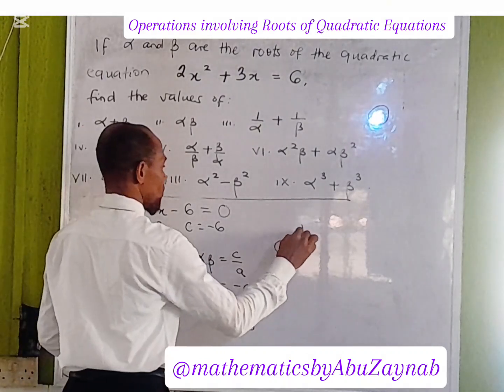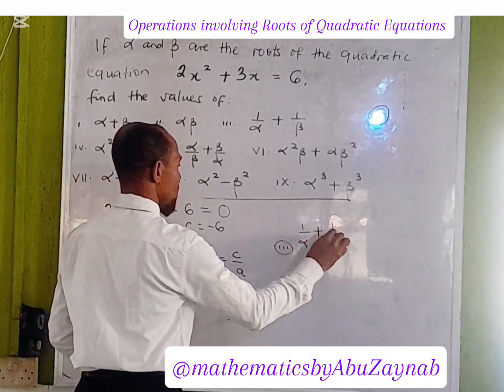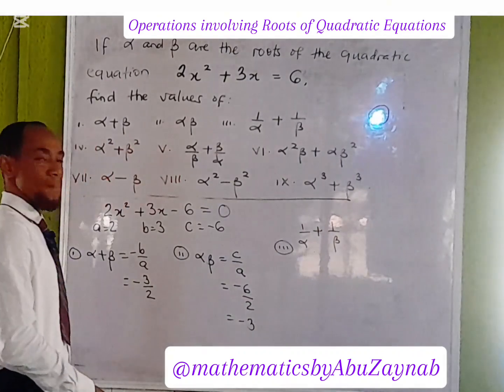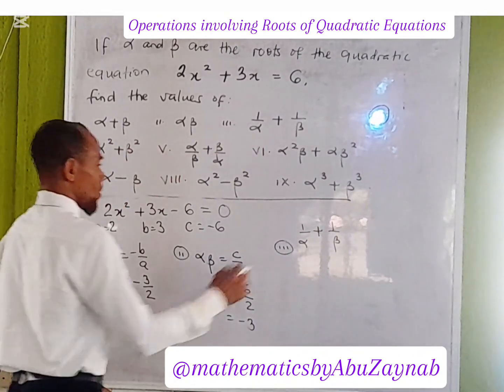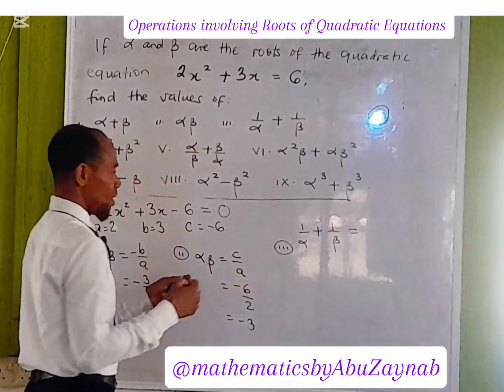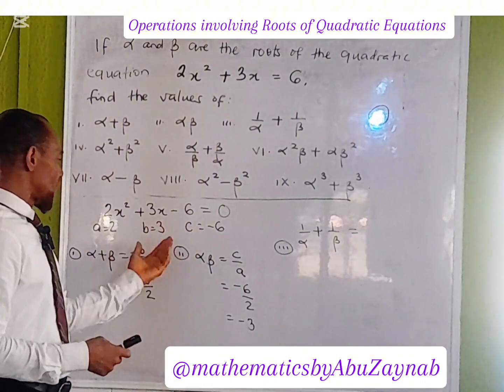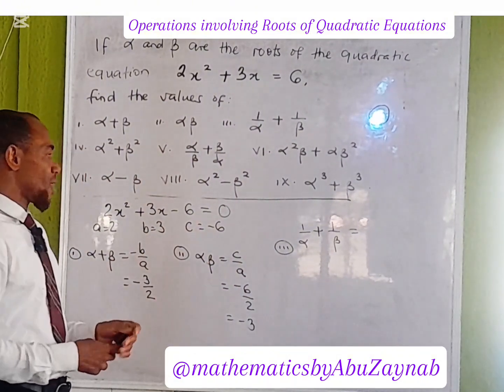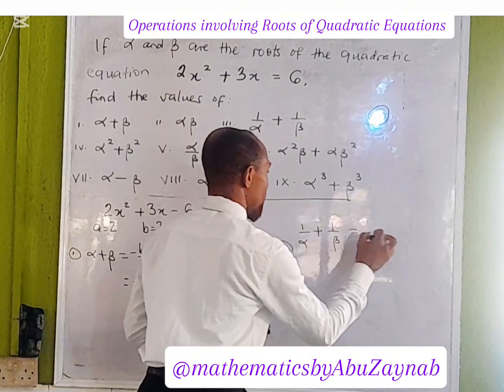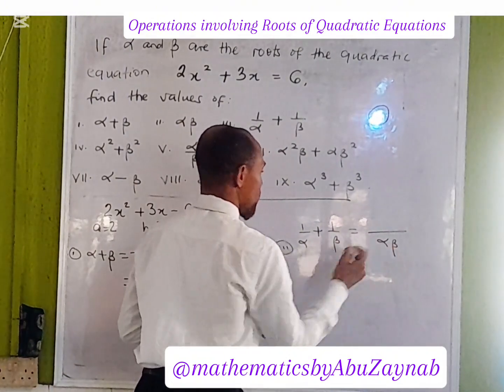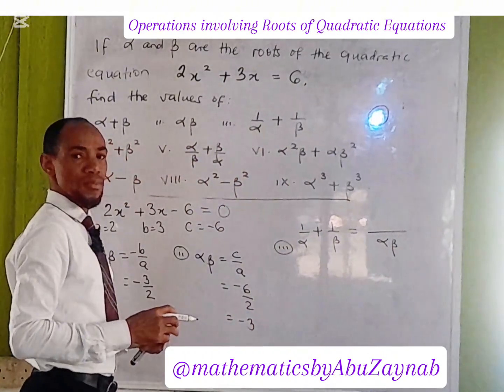We are to find the value of 1 over alpha plus 1 over beta. As you can see clearly here, this is not a direct sum and product. However, you need to simplify further. So we have alpha times alpha beta as the LCM.